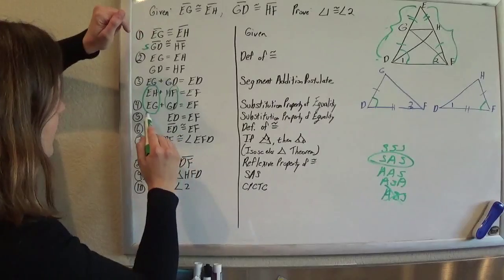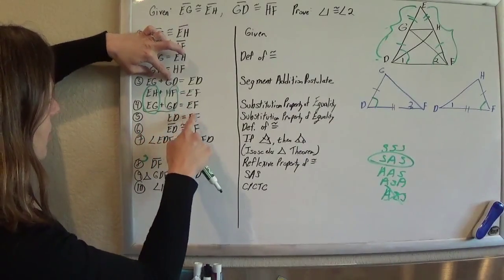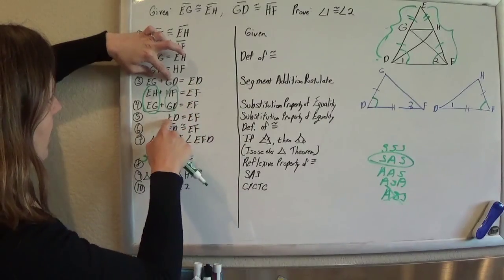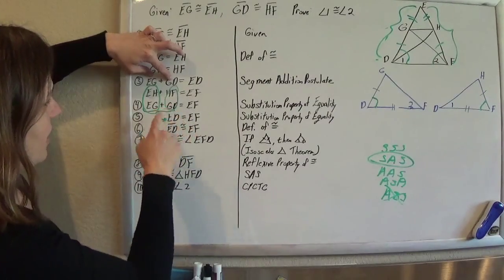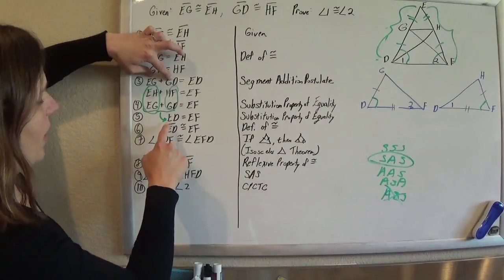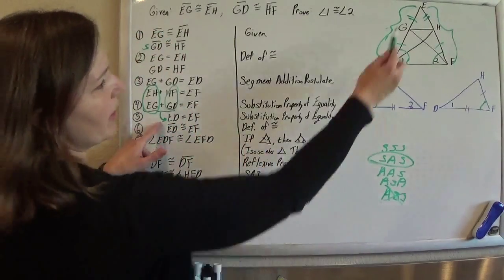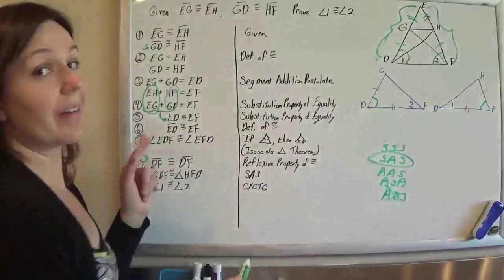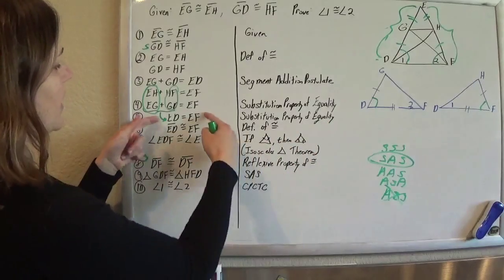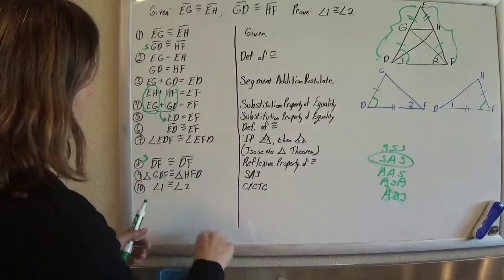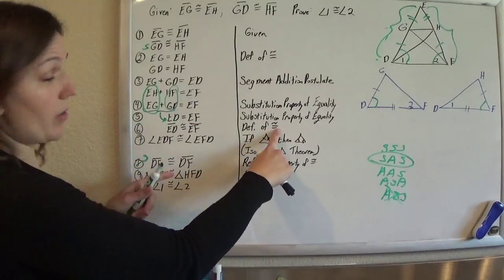And since EG plus GD equals ED, I substitute EG plus GD with ED. And that equals EF. So ED equals EF, alphabet soup, again by the substitution property of equality. And then I put the hats back on: ED is congruent to EF by the definition of congruence.